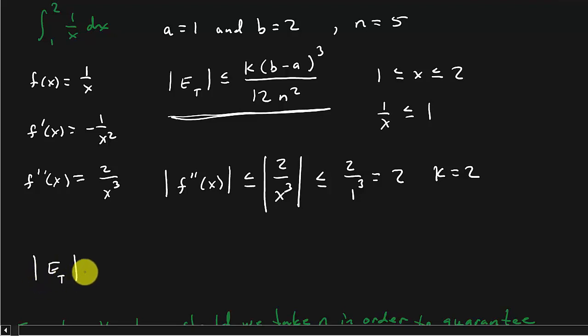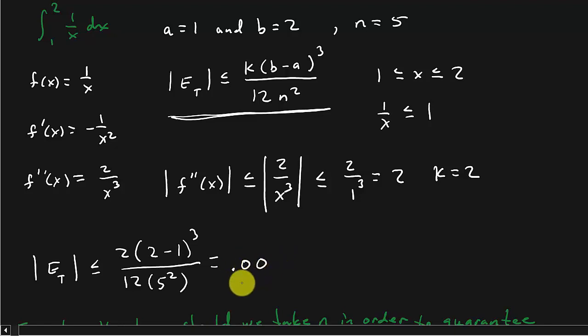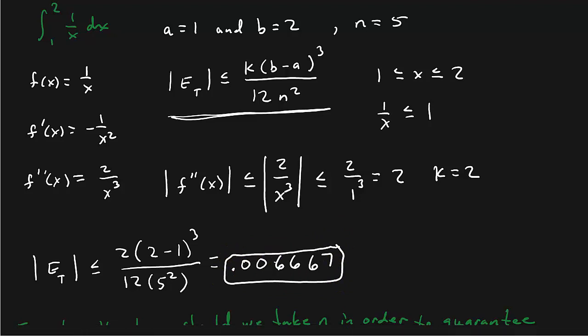So I get E sub t is less than or equal to K, which is 2, over B minus A cubed over 12 times n squared, which is equal to, what is that? If you plug that in, that's going to be 0.006667. All right, so this is the upper bound on the error.